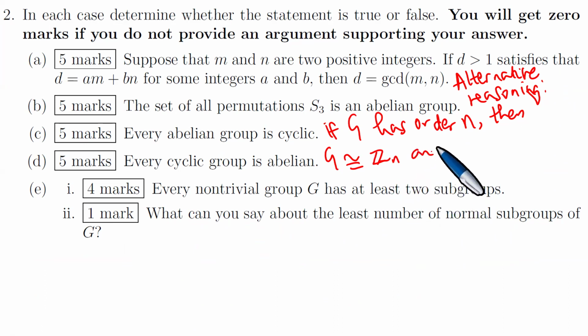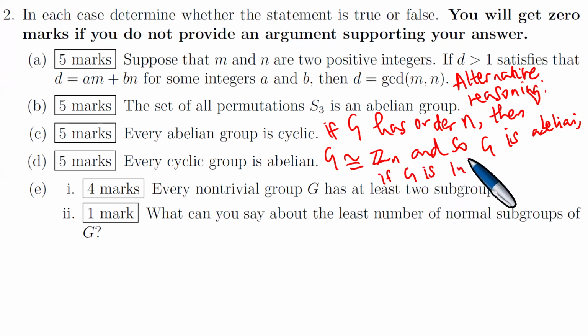And so we shall discuss this. And so G is abelian. If G is infinite, then G is isomorphic to what?